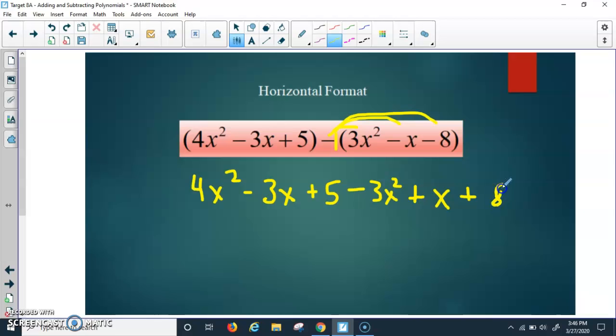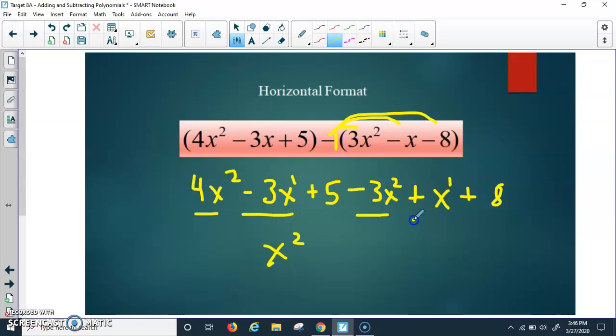Now you can go ahead and combine your like terms. Notice again, this went positive, negative, negative, but by multiplying that negative 1 through, it goes negative, positive, positive. We don't do anything with the first one. So we look for our like terms. 4x squared minus 3x squared is 1x squared. We look for our x terms, x to the first. There's an x to the first there, and there's an x to the first there.